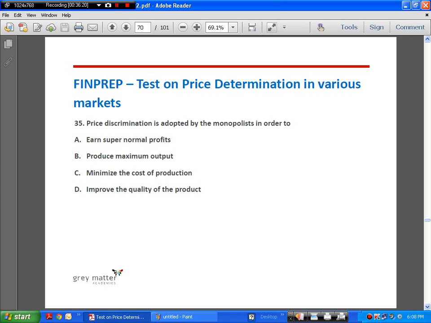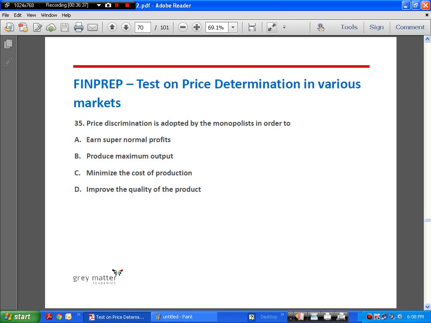35th question. Price discrimination is adopted by the monopolist in order to earn supernormal profits, produce maximum output, minimize the cost of production, improve the quality of the product.